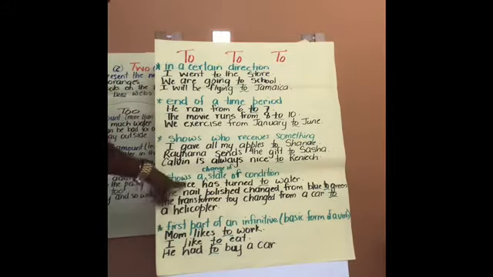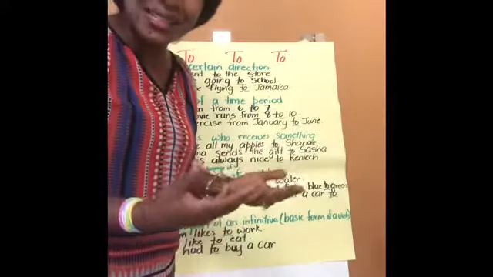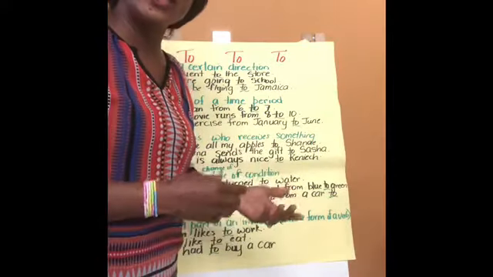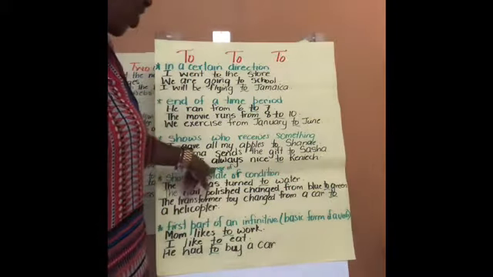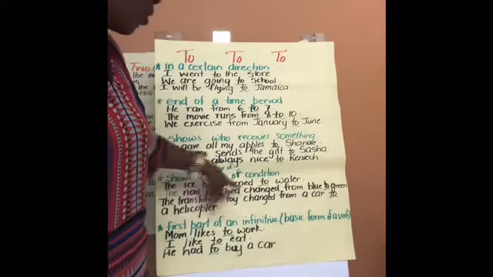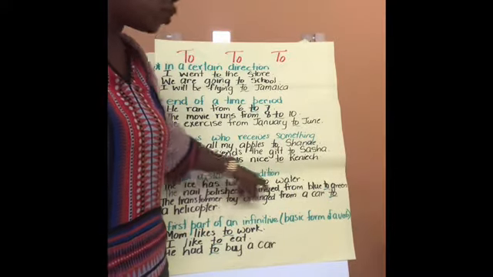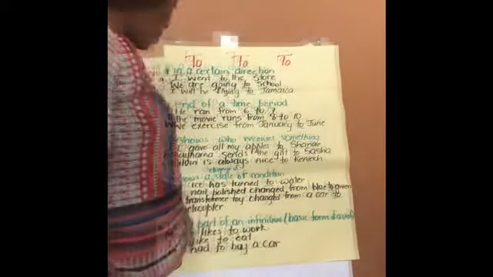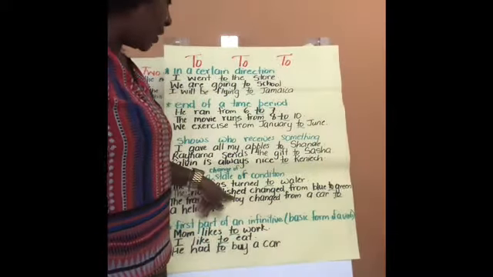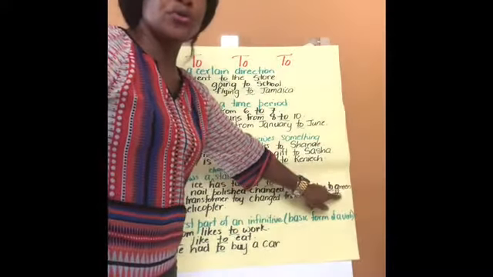Next, it shows a change of state or condition. Example, the ice has turned to water. We know that ice is solid, water is liquid, so the state changes. So it shows a change of the state or condition. So the ice turned to water, TO. The nail polish changed from blue to green.